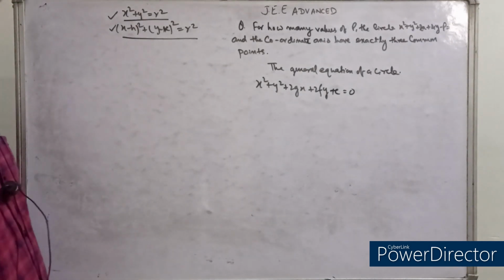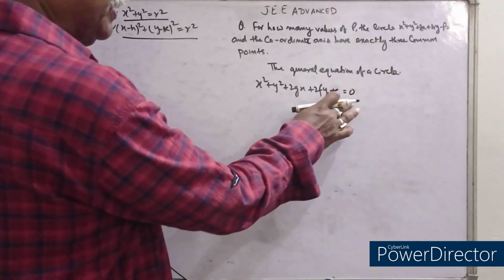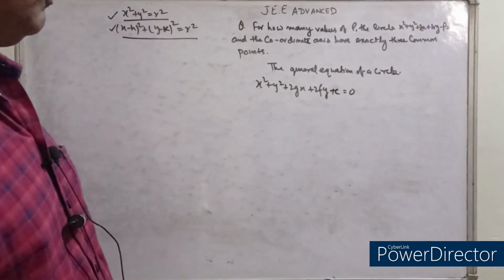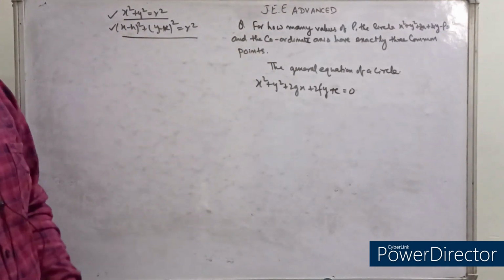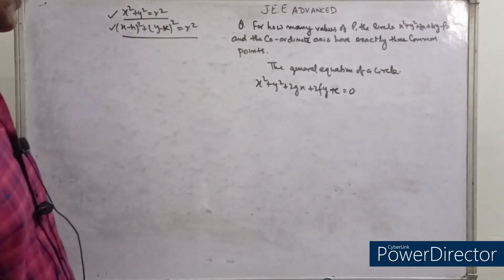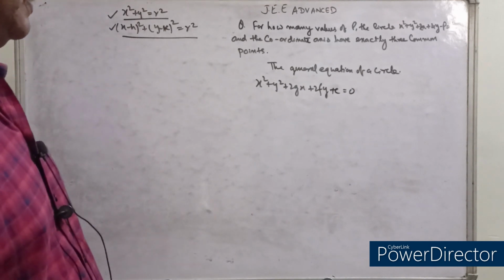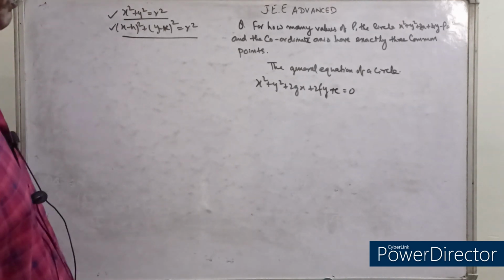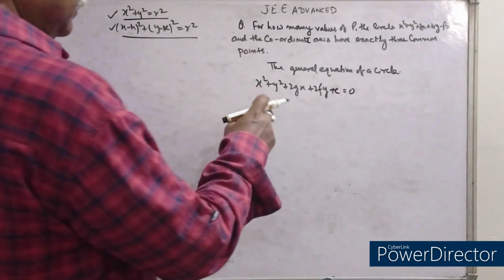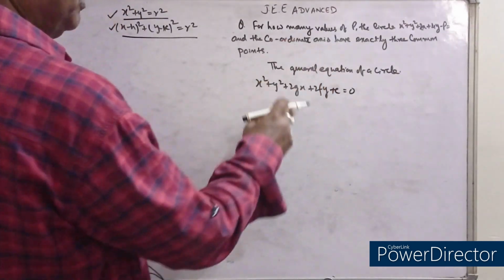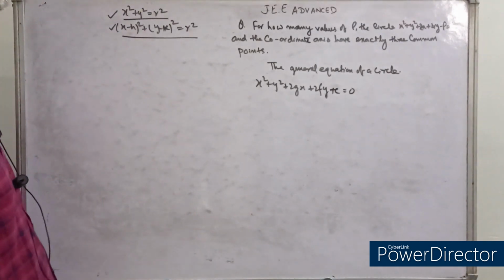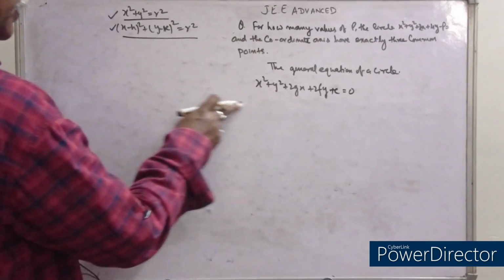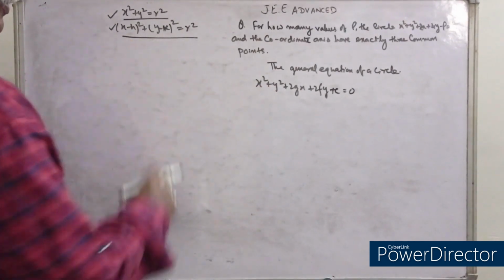You class 12 students are not acquainted with this general equation, so you find it difficult to solve such types of questions. This is the main problem, but it can be easily solved with the help of this general equation of a circle. So this can be converted into this.